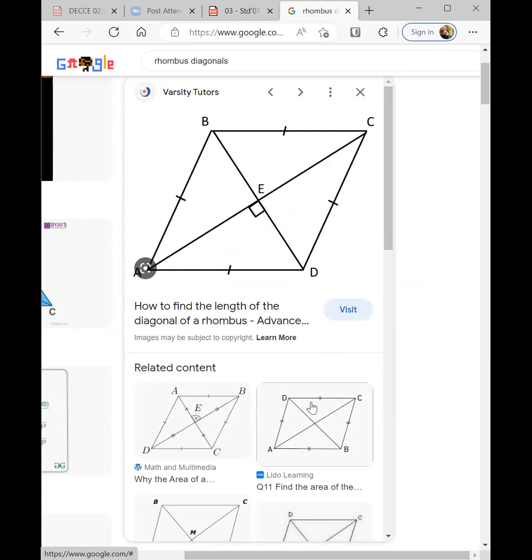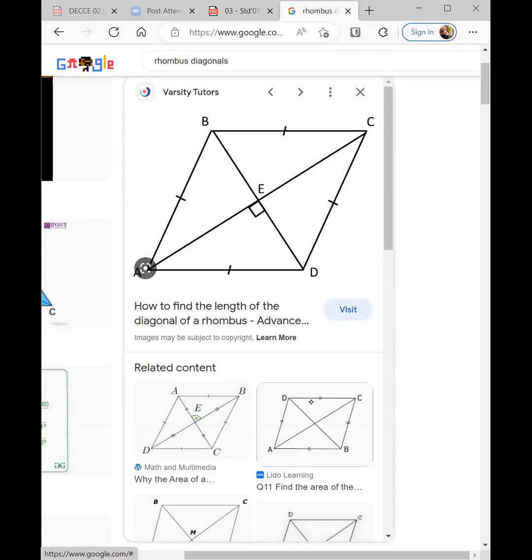One way of knowing how the diagonals are perpendicular is that you draw any rhombus, given that it should be a proper rhombus. What is a proper rhombus? There's nothing as a proper rhombus.